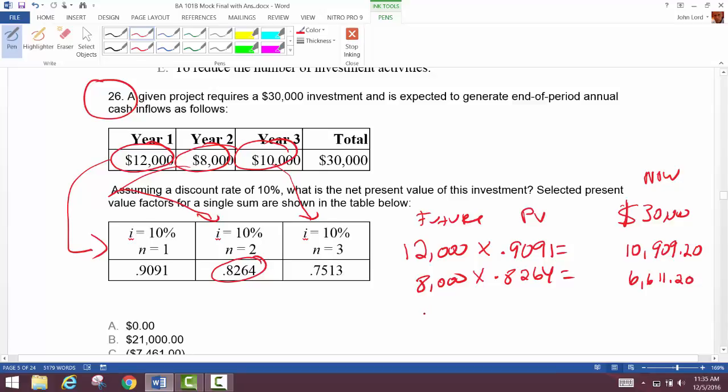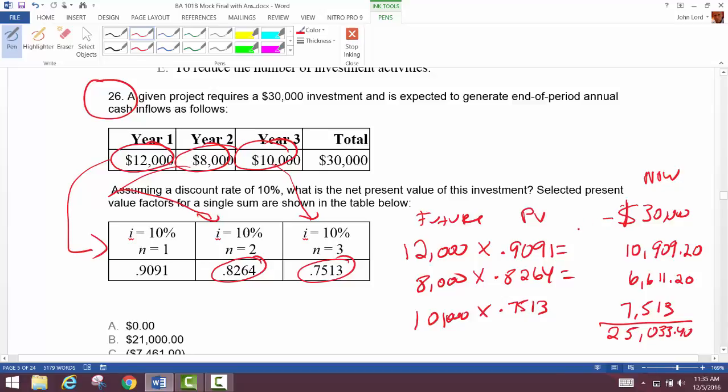Then I do the same thing for the 10,000 for year 3, times 0.7513, and that gives me 7,513. When I add all those up, I get a total of 25,033.40.